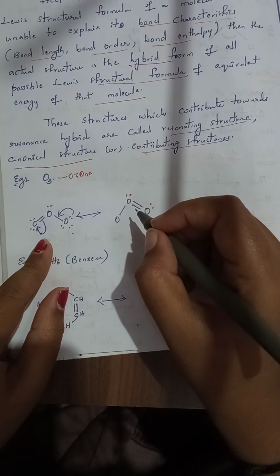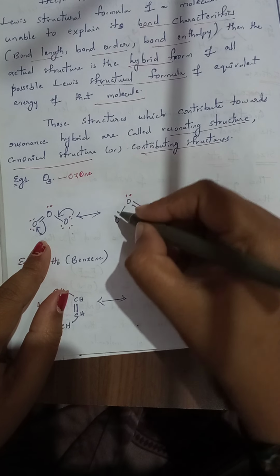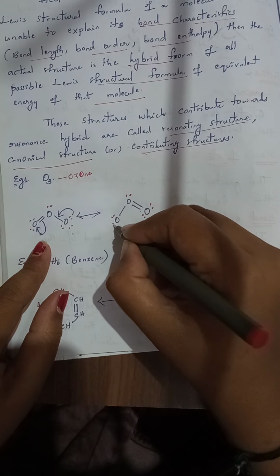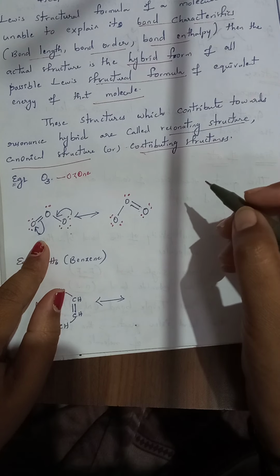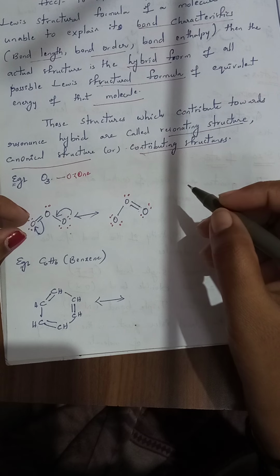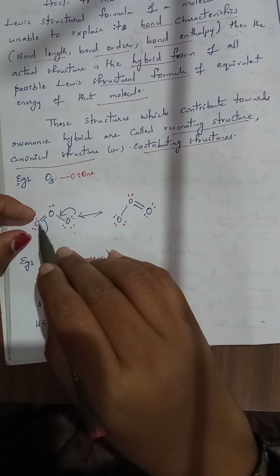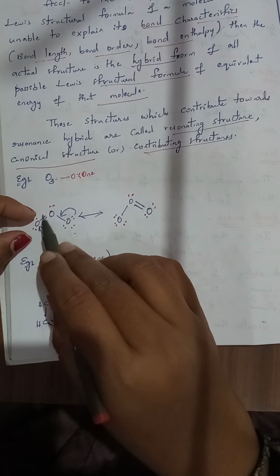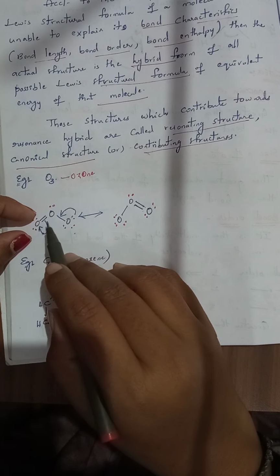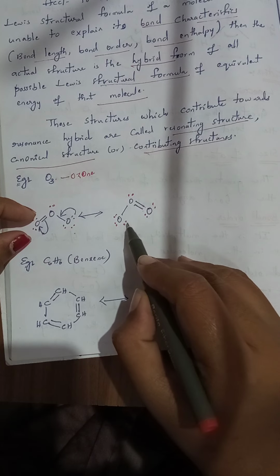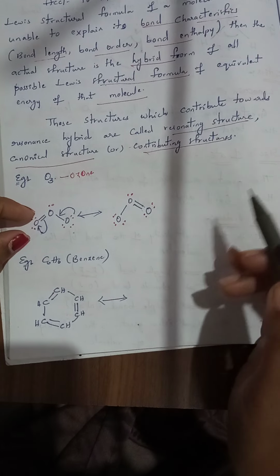To satisfy its octet configuration, it requires 6 more electrons, and those 6 electrons can exist as lone pairs. So in the first structure we can see 2 lone pairs on this oxygen, that is 4 electrons, and the remaining 4 electrons in bonded form. But one of the bonds moves here, so those bonded electrons can exist again as a lone pair.